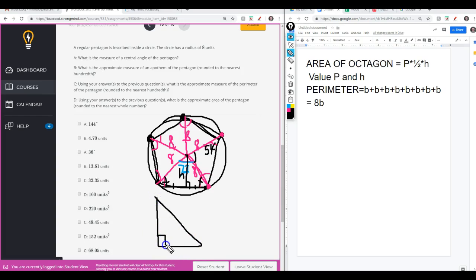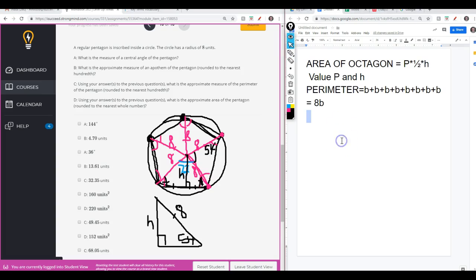And again, I don't know what this length is, so I'm not going to put anything there, but we do know that this angle is 54 degrees. Again, right here, it's that base angle, and we know that because all of these angles are the same by the base angle theorem. We are looking for our h, and we do know that the radius is 8.